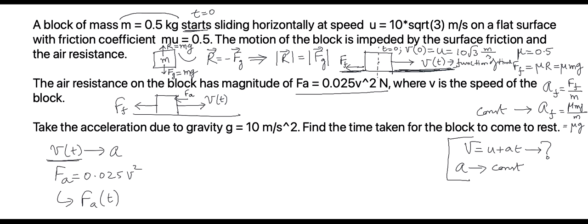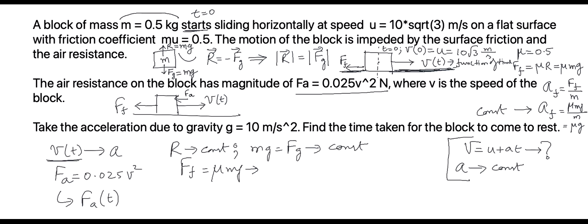So the R is constant. The force that is constant, and correspondingly the mg, the FG, which we call the gravitational force, is also constant, not time varying. And of course the F friction is also going to be the fixed value we calculated. This is mu mg, and this is also constant with respect to time. Do you get that? All of them are constant.